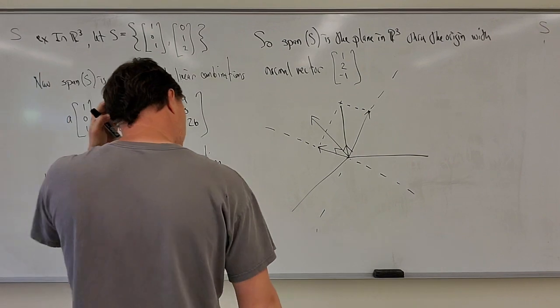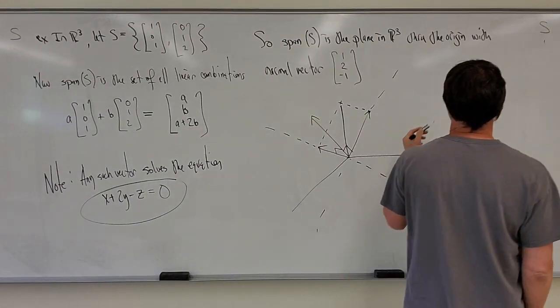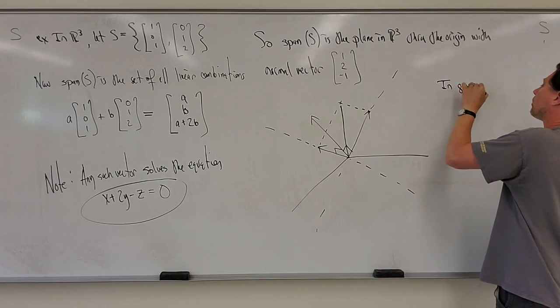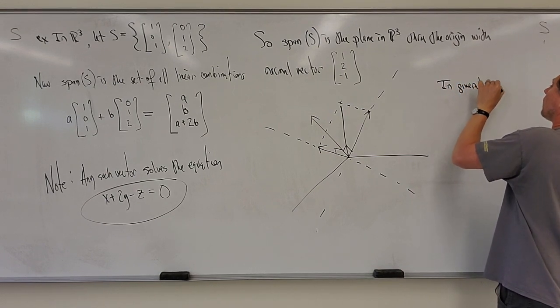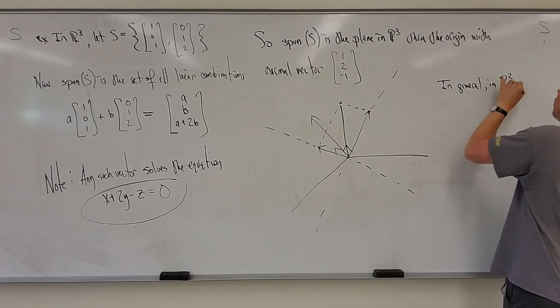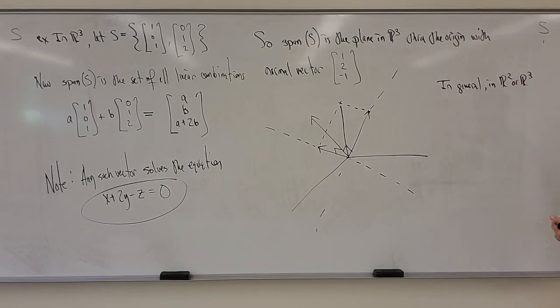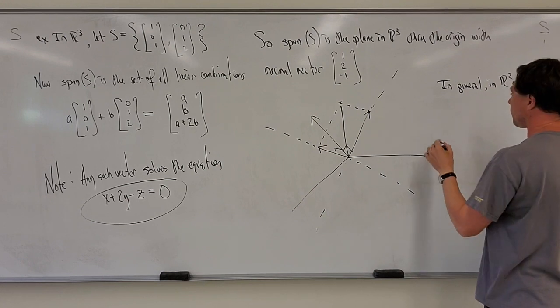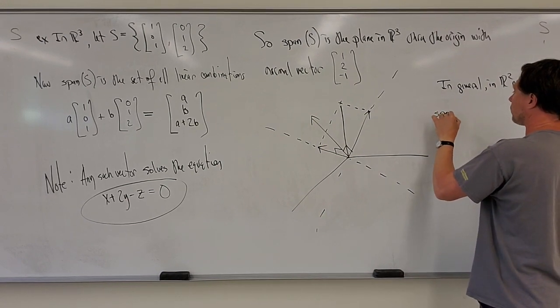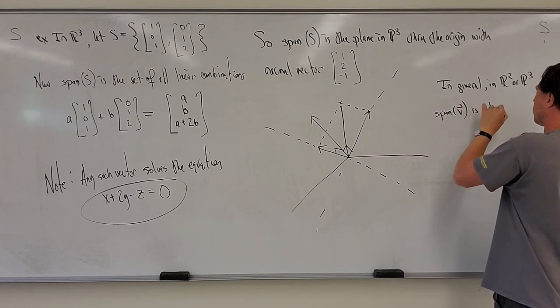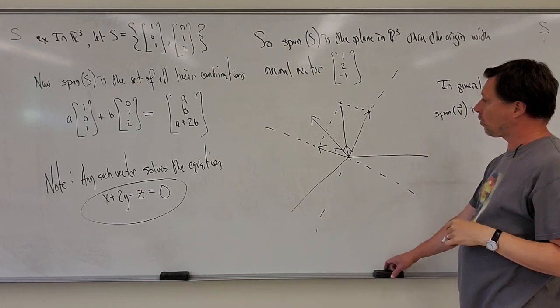So in general, we'll just put this off to the side. In either R2 or R3, if you want to get an idea of what span looks like, the span of a single vector is a line. Now, why is that?